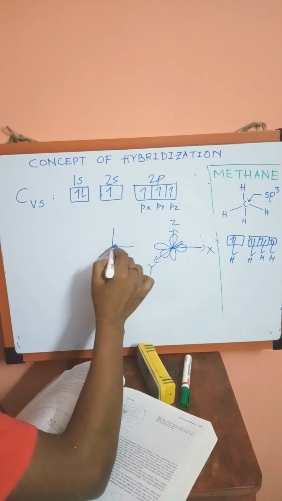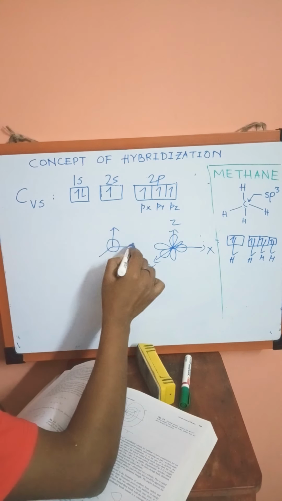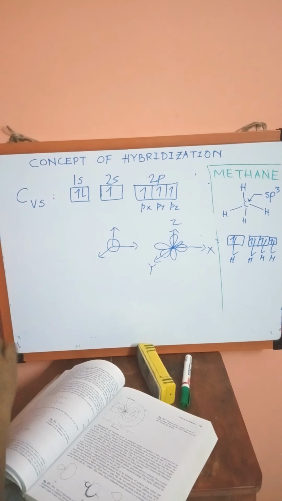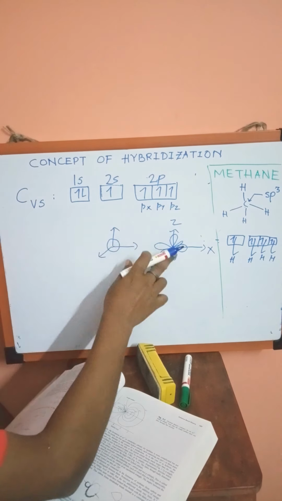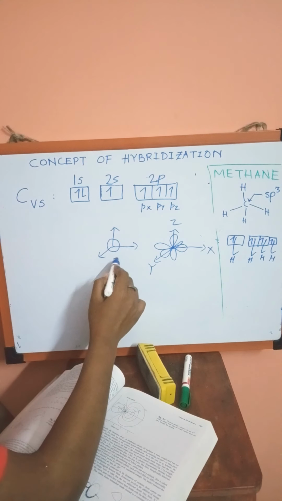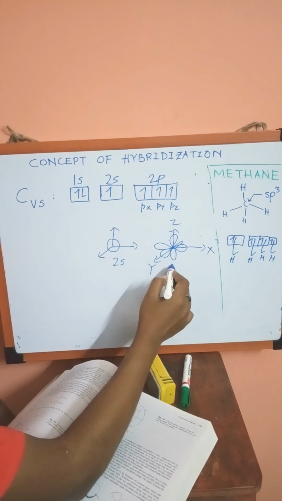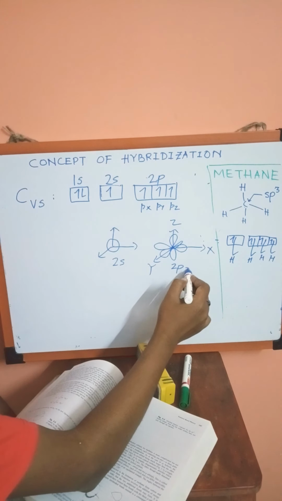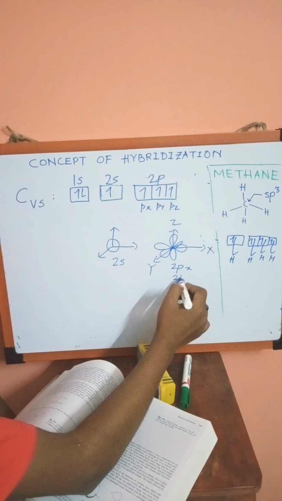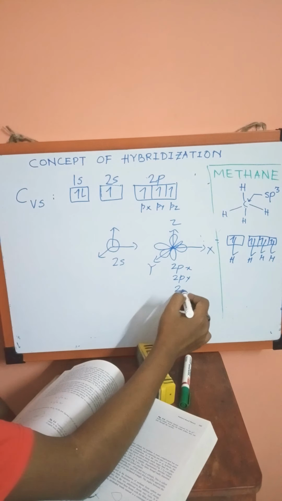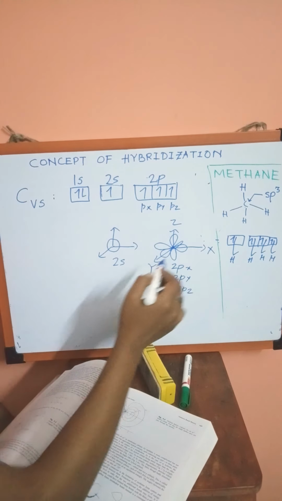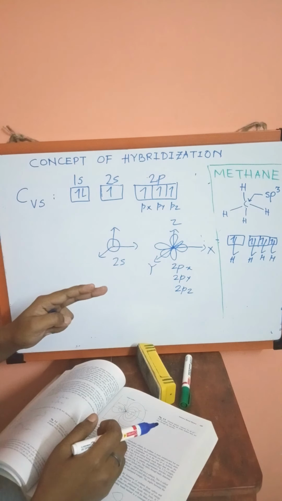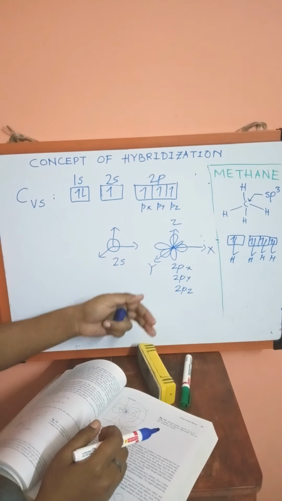And s has no directions. It is spherical, symmetrical. So these orbitals, that is 2s and 2px, 2py, 2pz, start to mix with each other. And what will be the result?